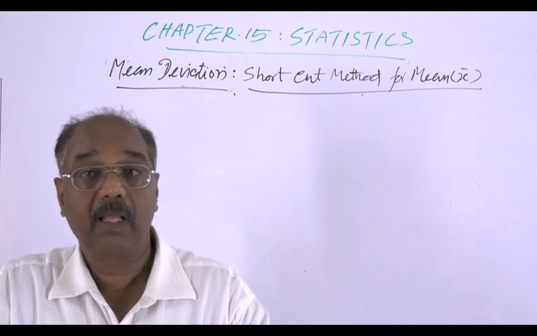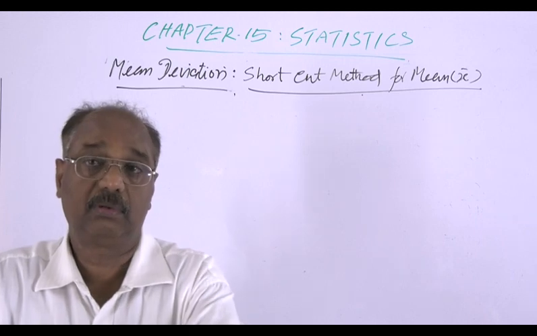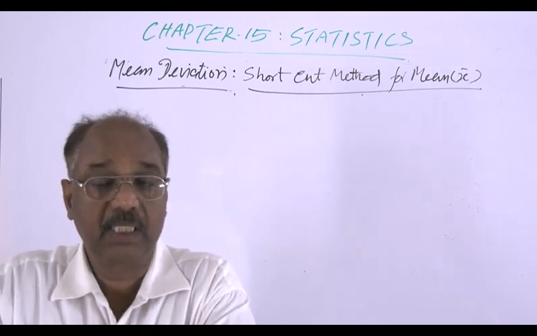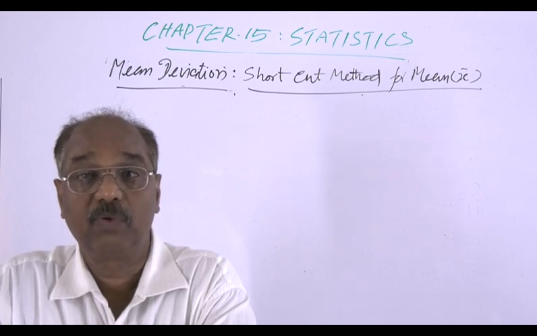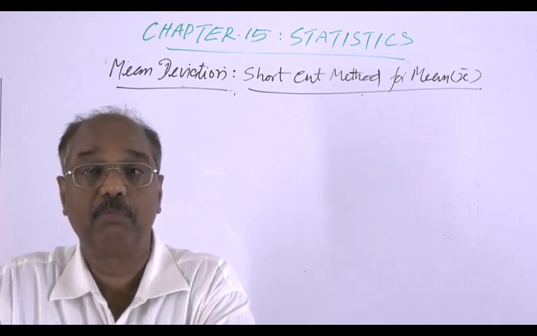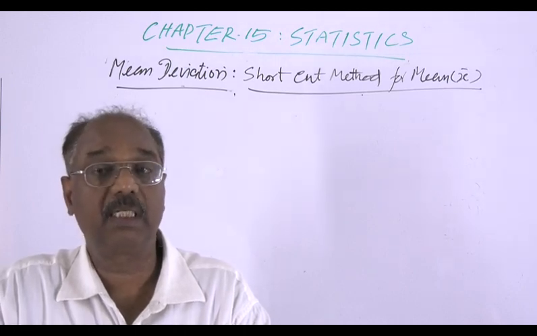The data values will be given in different forms: ungrouped data, that is the raw data, or data in grouped form, and in grouped form we have the discrete type and the continuous type.